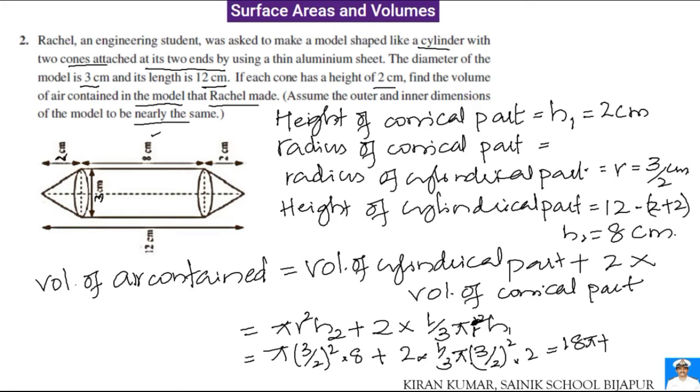We will be getting 3 pi because this 2 and the denominator 2 will go cancelled. This will be equal to 21 times pi, which is equal to 21 multiplied to 22 upon 7. 7 3 times, so we will get 66 centimeter cube. So the volume of the air contained in the model is 66 centimeter cube.